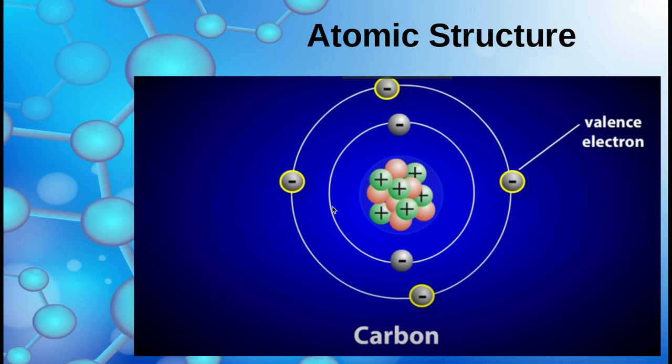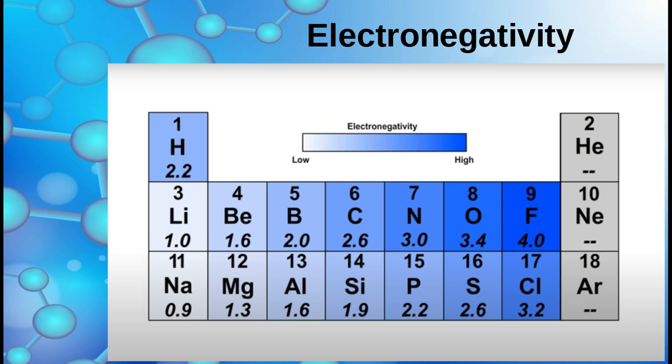Now, moving on, we're going to talk about what's called electronegativity, and it's an affinity for electrons. Certain elements like to hold on to their electrons more than other elements. They not only like to keep theirs, but they want to keep other elements' electrons as well.